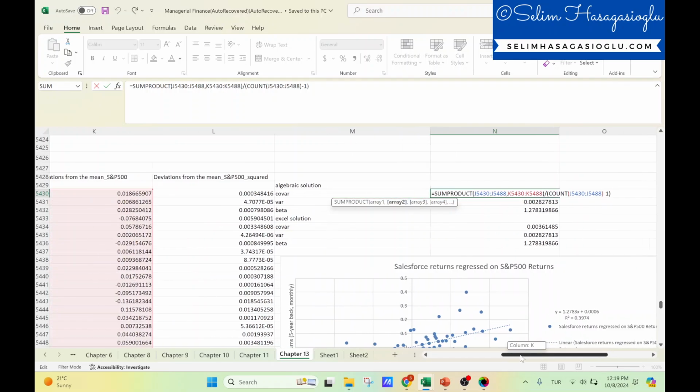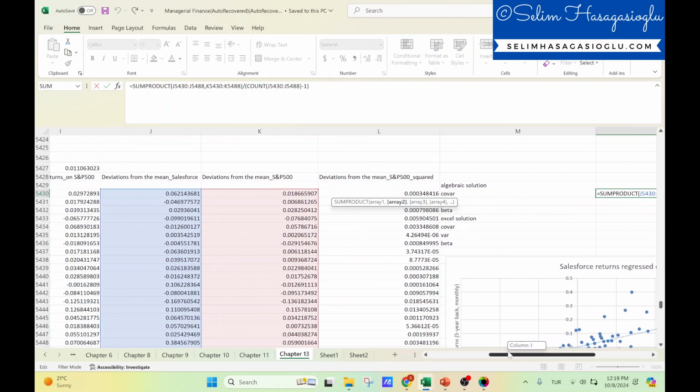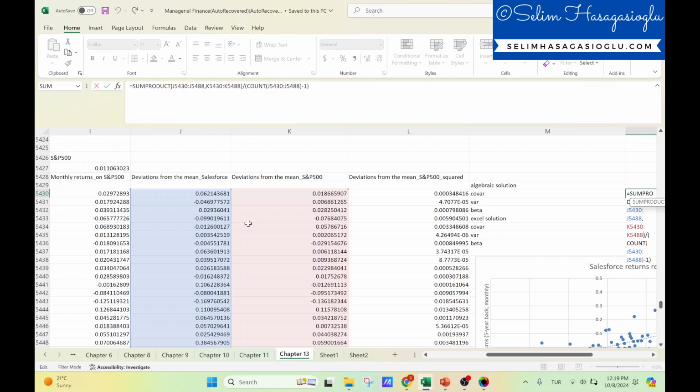For covariance, remember covariance is the average of the products of these deviations from the mean. So what you do: deviations from the mean for Salesforce, deviations from the mean for the S&P 500, you multiply these two values, add them up and divide them by the number of observations minus one.